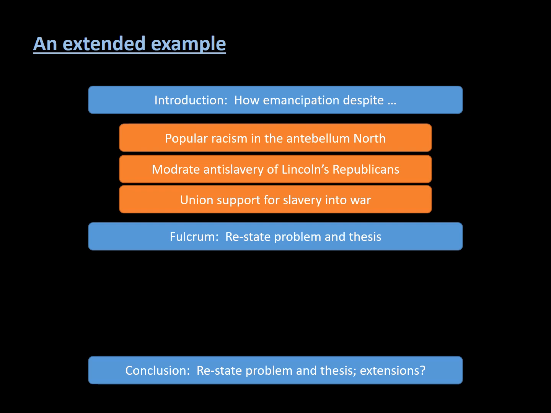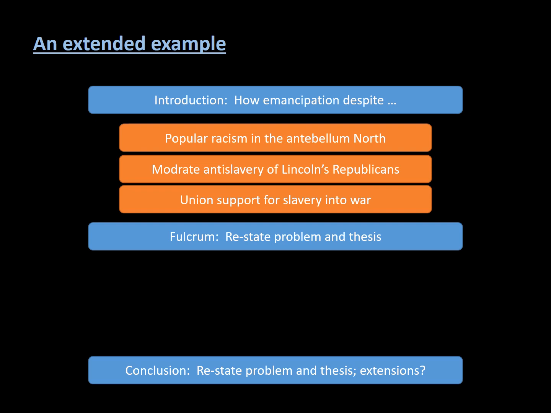How did we free those slaves despite that there was so much racism in the North before the Civil War, despite that the Republicans and Lincoln actually were only against the extension of slavery, not its legal existence in the states where it was, and that Union government supported slavery well into the war. These are all things that make it harder to explain the ending of slavery.